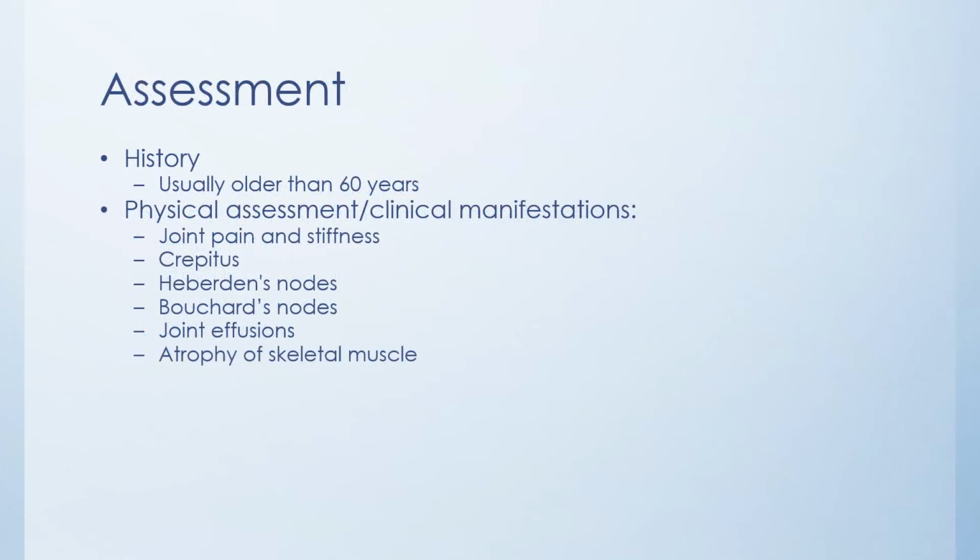So you are going to assess their history. These patients most likely are going to be older than 60. We're going to look at their physical assessment and how it's going to manifest. They're going to have joint pain and stiffness, but it's going to get better with rest or inactivity. They might have that crepitus.